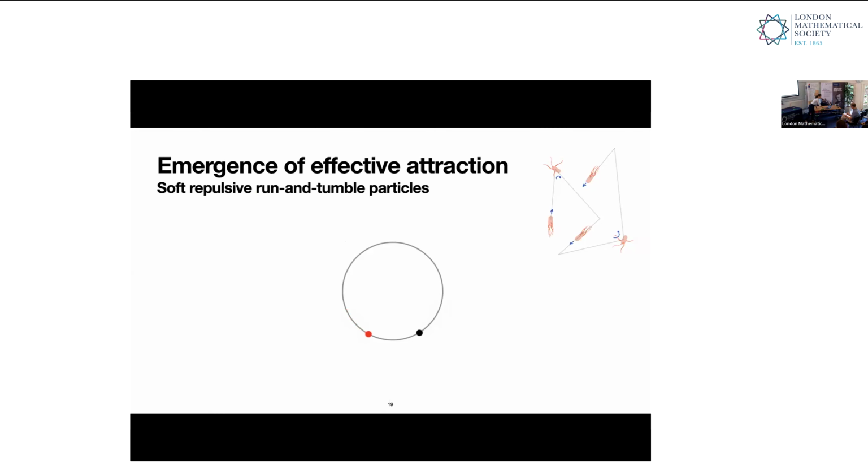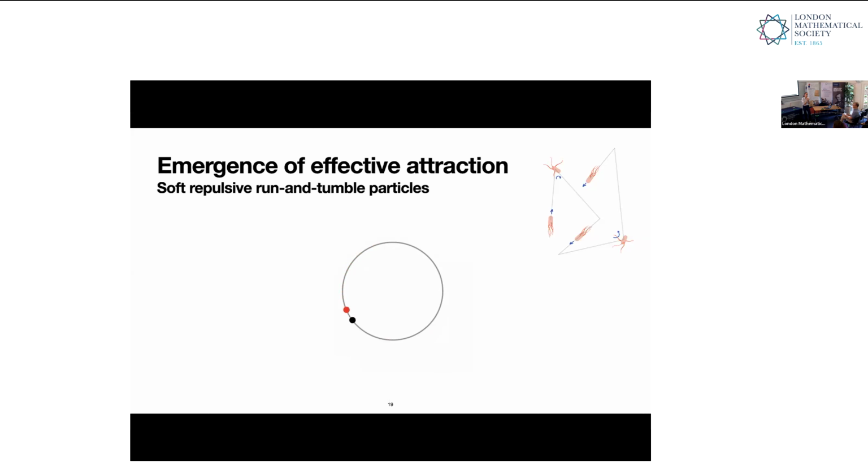If I run a movie of this process, they move freely, and whenever they meet, they interact. In this case, it's a soft repulsive interaction, which means that they get stuck, but they could cross.